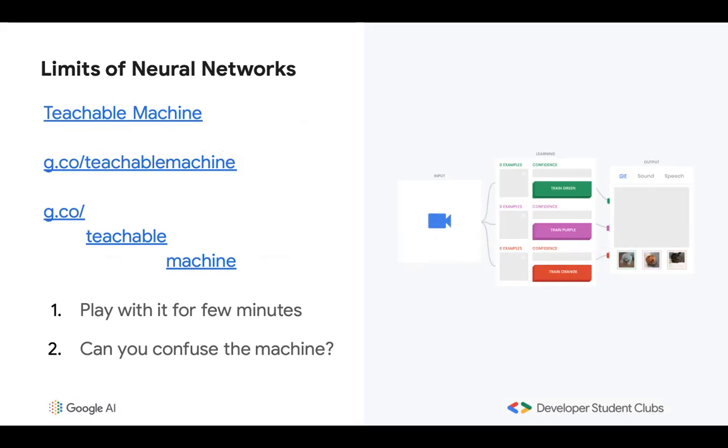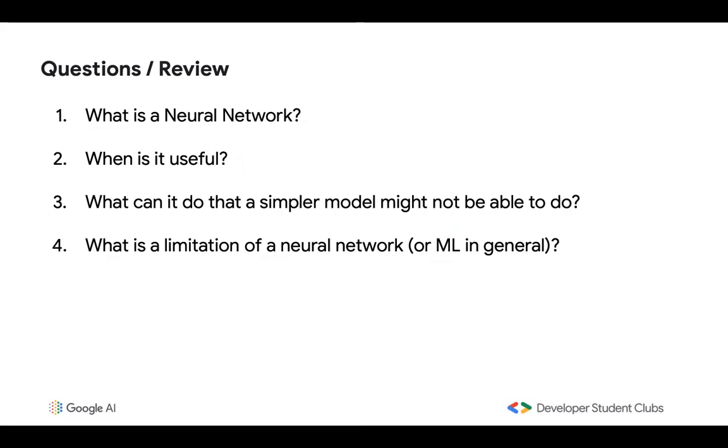But other than that, that brings us to the end of this session. Some of the questions worth reviewing are revisiting what a neural network is, and when a neural network is useful as opposed to traditional programming or just a simple machine learning model.